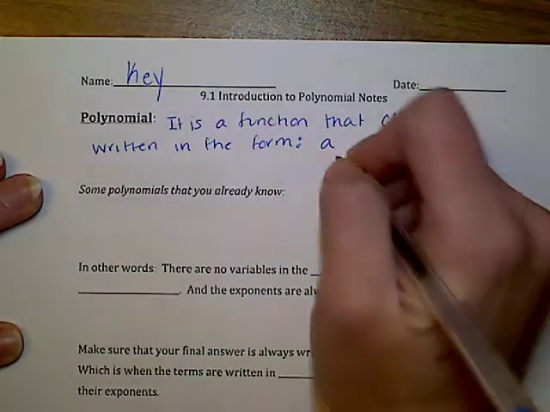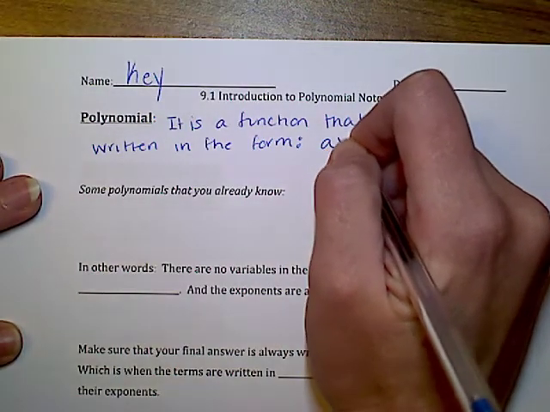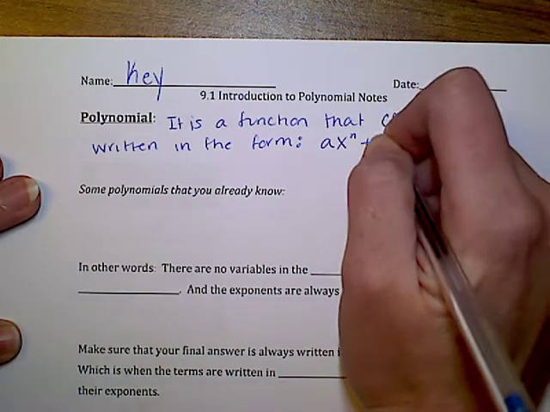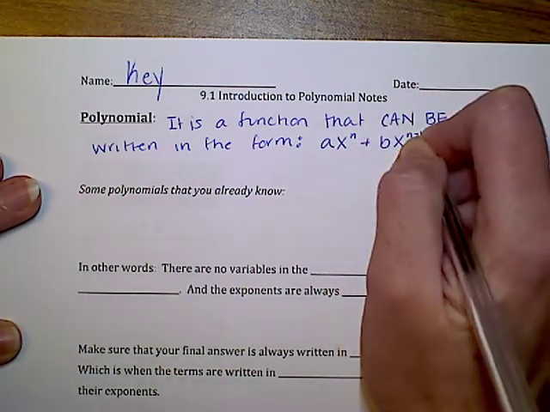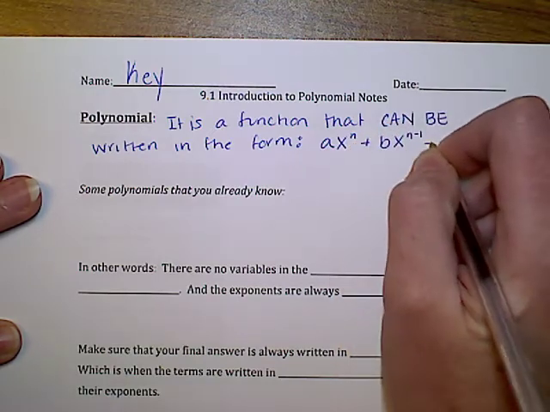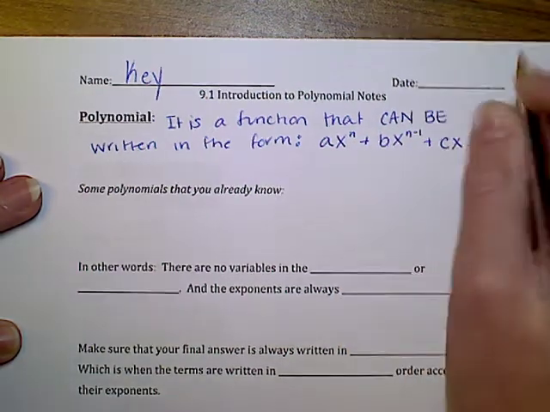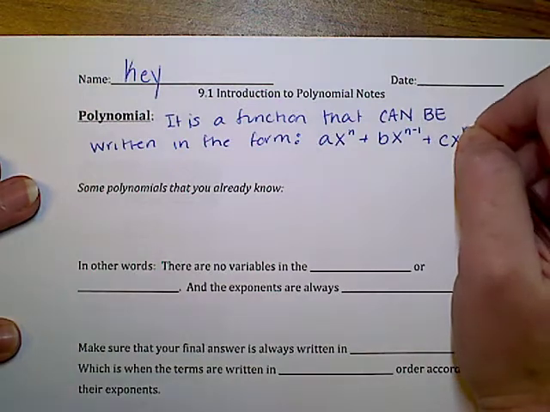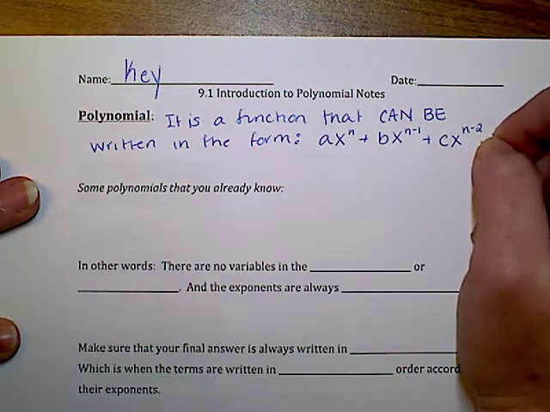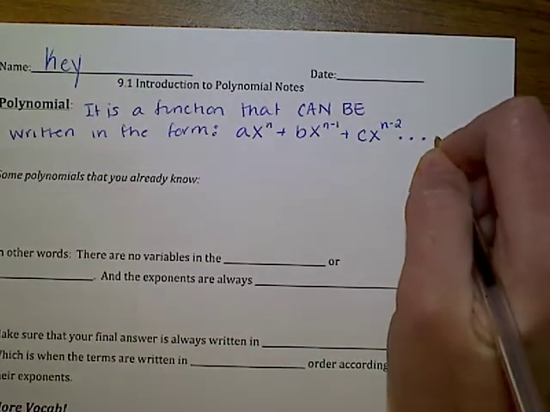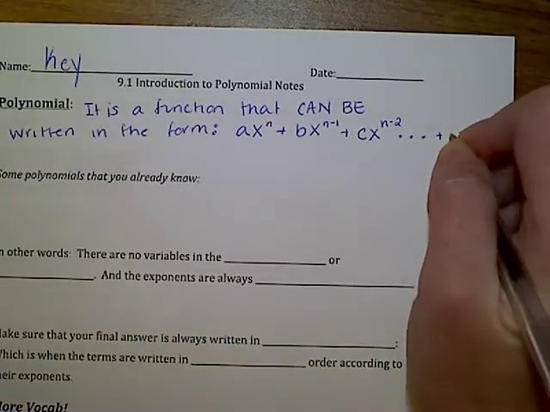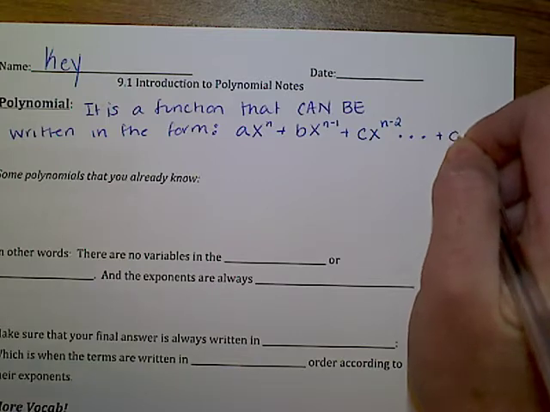some number a times x to the n plus number b times x to the n minus 1. That just means a lower exponent than the one before it, plus c times some letter x to the n minus 2. I'm going to use ... because this pattern keeps going all the way down to just some letter, let's call that d.